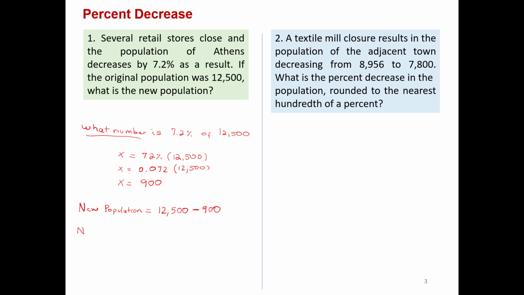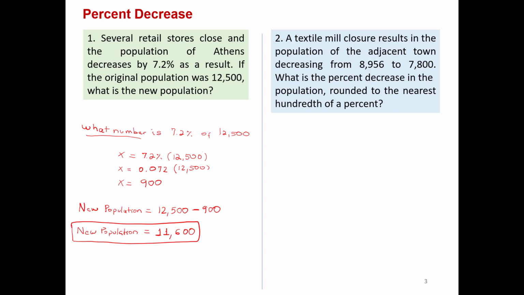Now we can find the new population. 12,500 minus 900 is 11,600. And this is the answer.